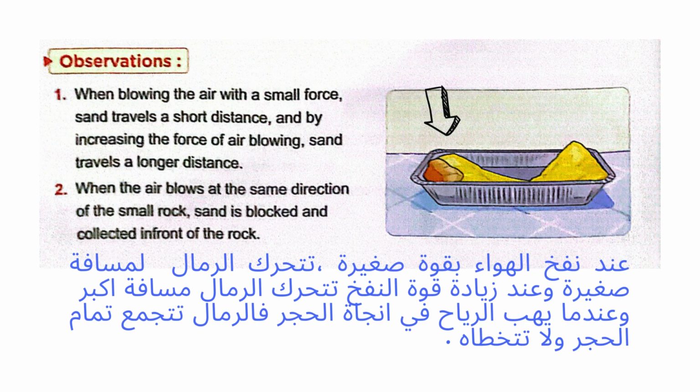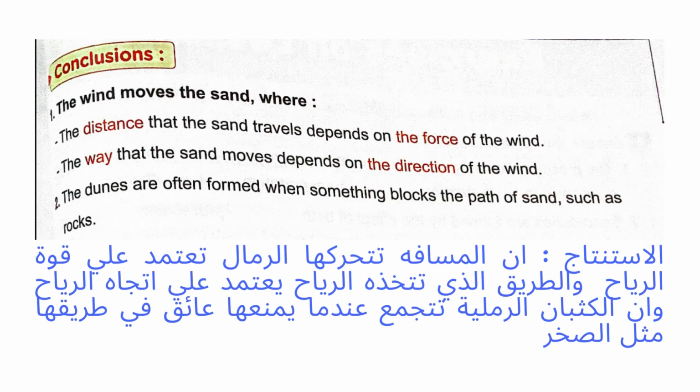So we blow the air in the same direction of the small rock, so the sand will move in this direction, and it will be blocked by this rock and collect in front of this rock. Now we know how sand dunes are formed. So the conclusions here: the wind moves the sand, where the distance that the sand travels depends on the force of the wind.